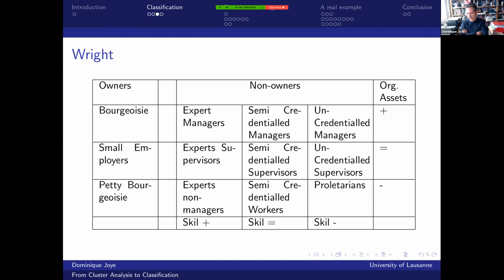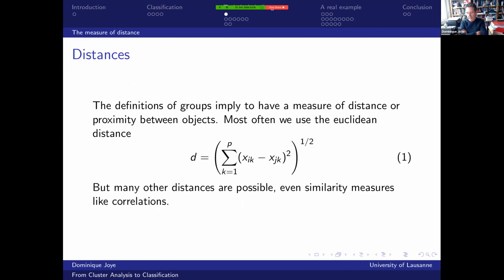The first point is that we will put together objects or individuals or units that are close to each other. That means that the first thing that we need is a definition of the distance between objects. Most often we will just use a Euclidean distance, the distance that you use every day to measure distances between cities, that we use in geography.